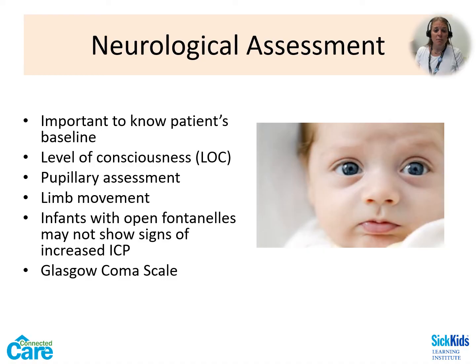Some general components of a neurological assessment include their level of consciousness, their mental status, their interaction, their movement, and their muscle tone. You can also look at any pupillary response. The Glasgow Coma Scale is often used to assess neurological status. The components of the scale include eyes opening, verbal response, and motor response.